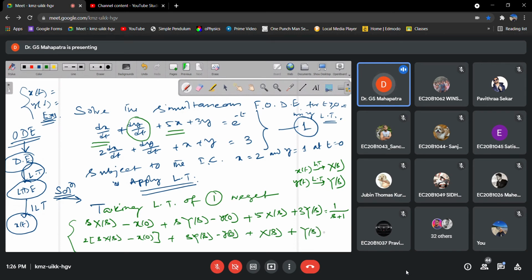What is the Laplace transform of 3? It is 3 by s. So these are the Laplace transforms.